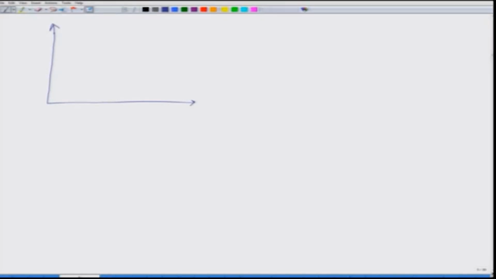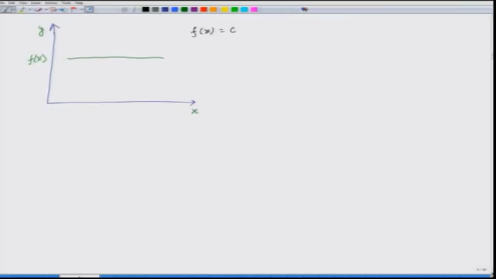So, suppose I have a function. So, this is my x axis, that is my y axis, and this is my y equals some function of x. Okay? And in this case f x is equal to constant c.